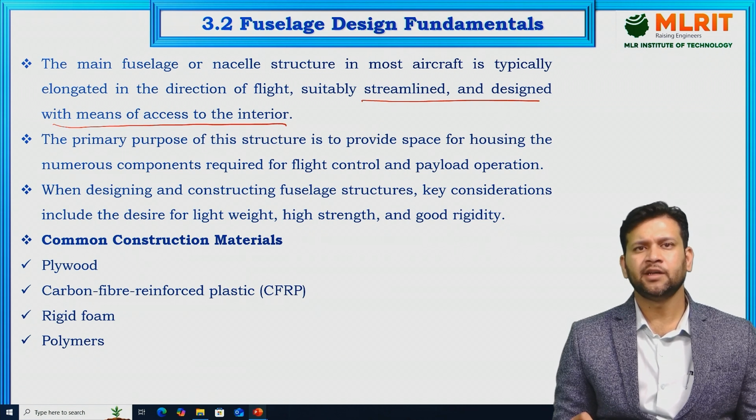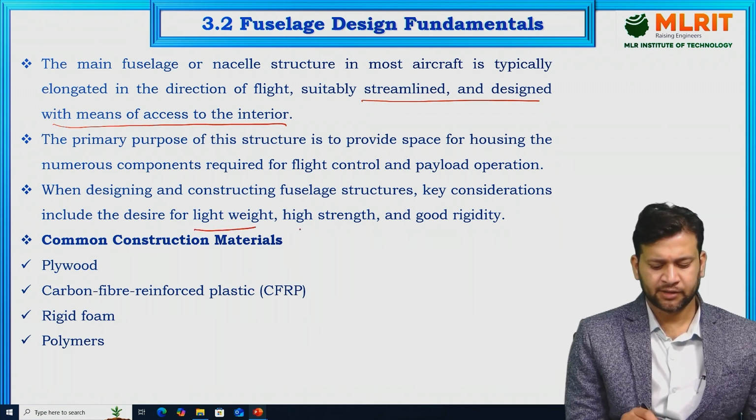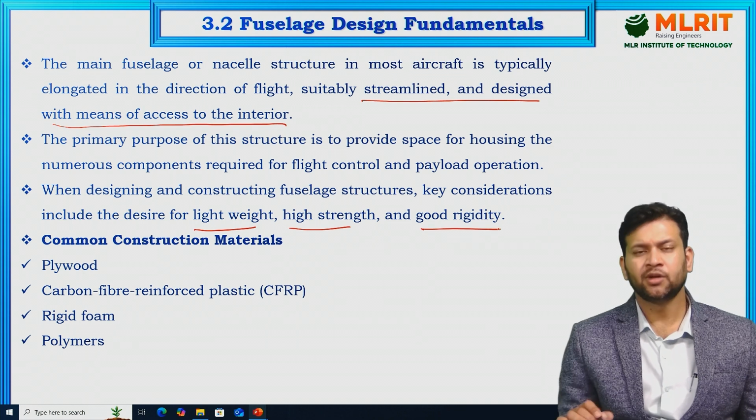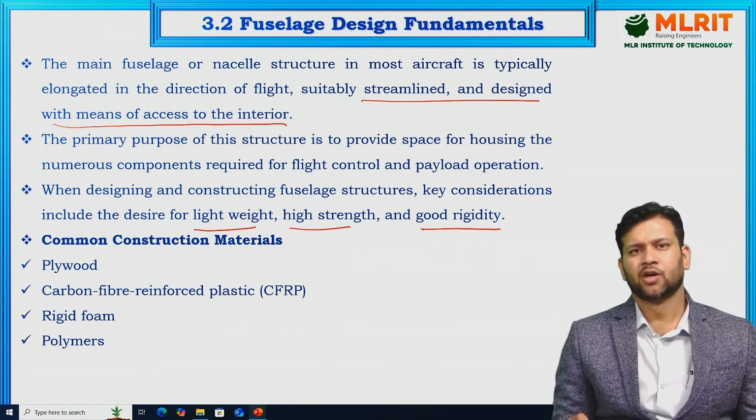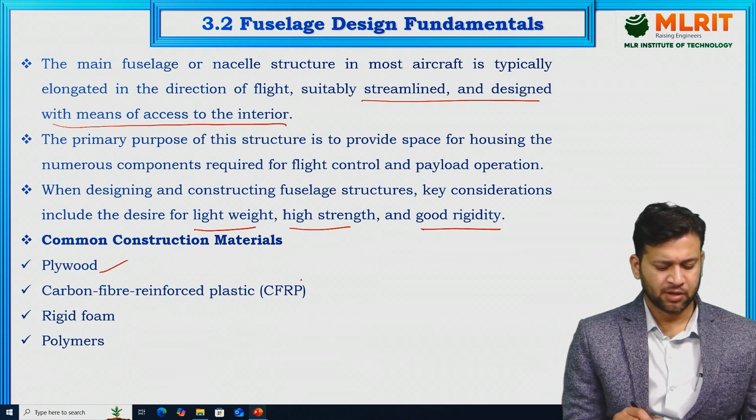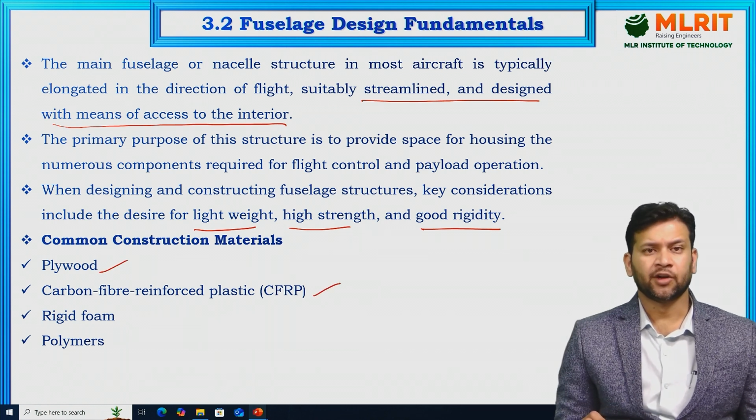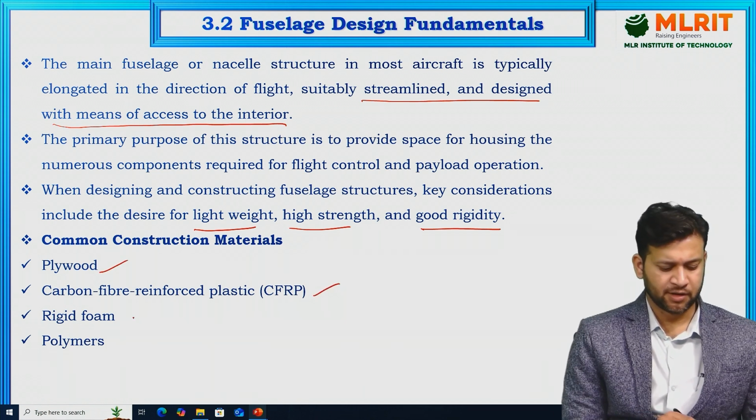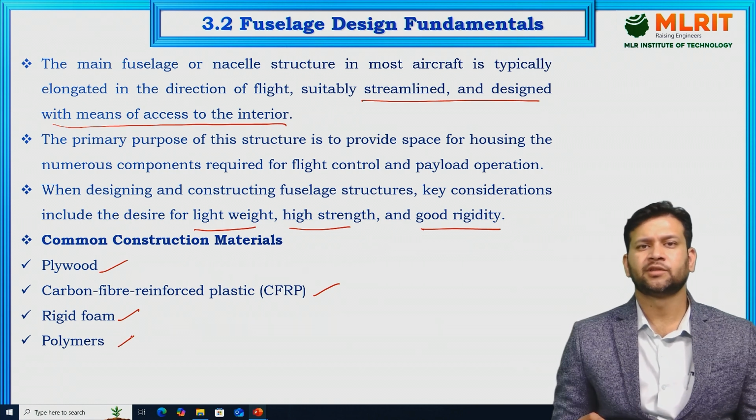When designing and constructing fuselage structures, key considerations include the desire for lightweight, high strength, and good rigidity. Common construction materials include plywood, carbon fiber, reinforced plastic, rigid foam, and polymers.